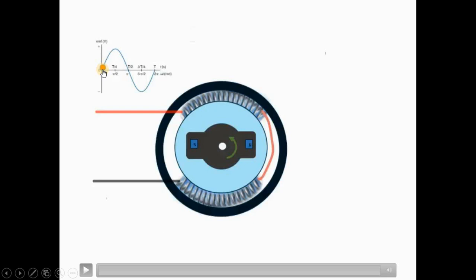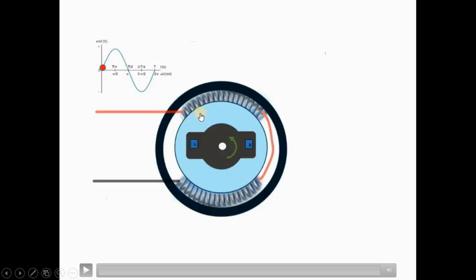So this red ball will start to increase. Induced EMF will start to increase. When the north pole comes exactly under the coil, flux linkage is maximum. So induced EMF will be maximum. So at 90-degree rotation of the rotor in anti-clockwise direction, induced EMF becomes maximum. Maximum at 90-degree.